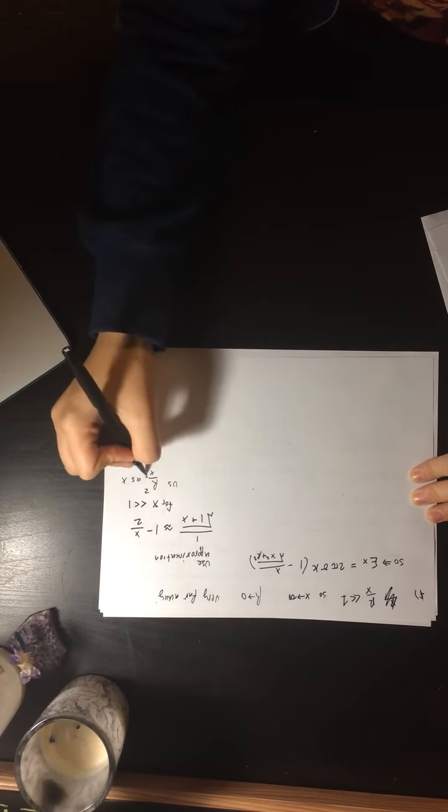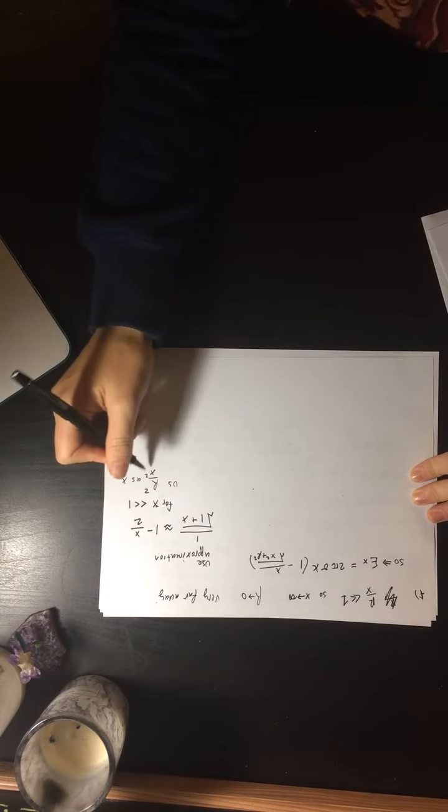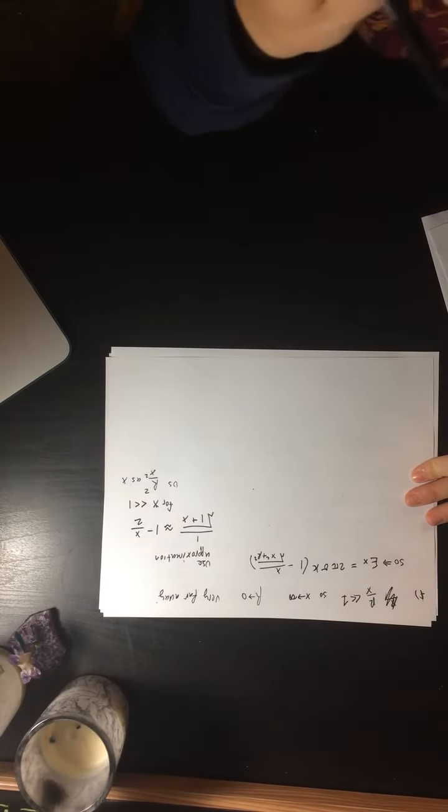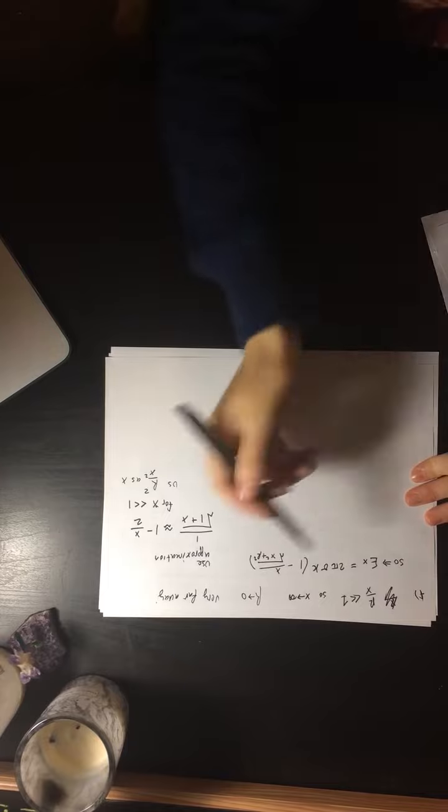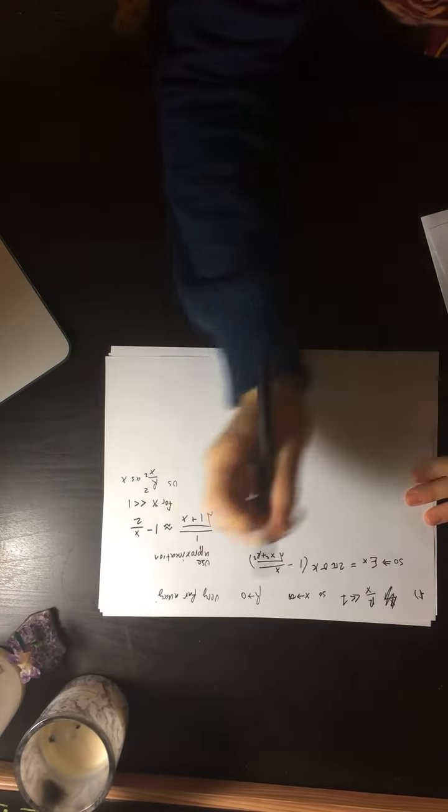Really, it's going to be r squared over x squared, which is fine because r squared over x squared is much, much less than 1. Obviously, if r over x is much, much less than 1, they'll both be much less than 1.